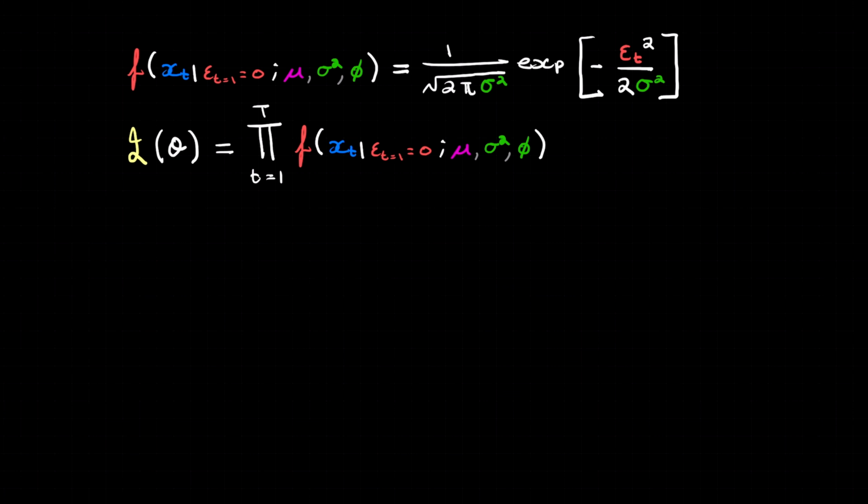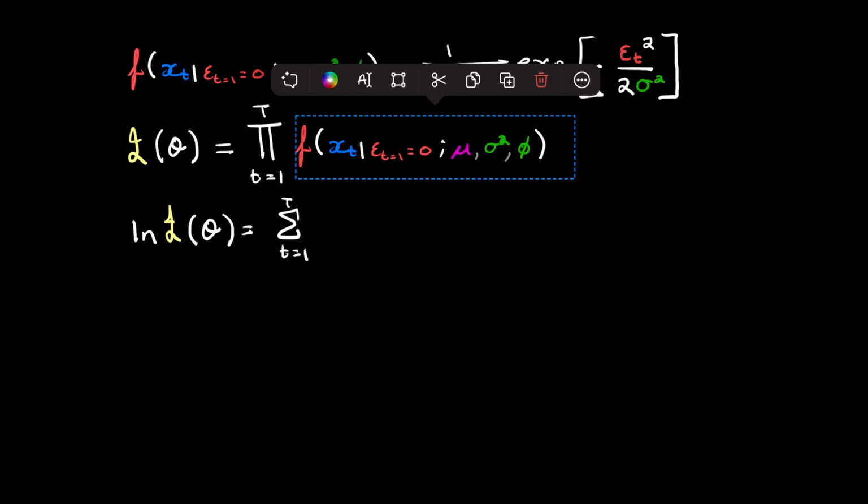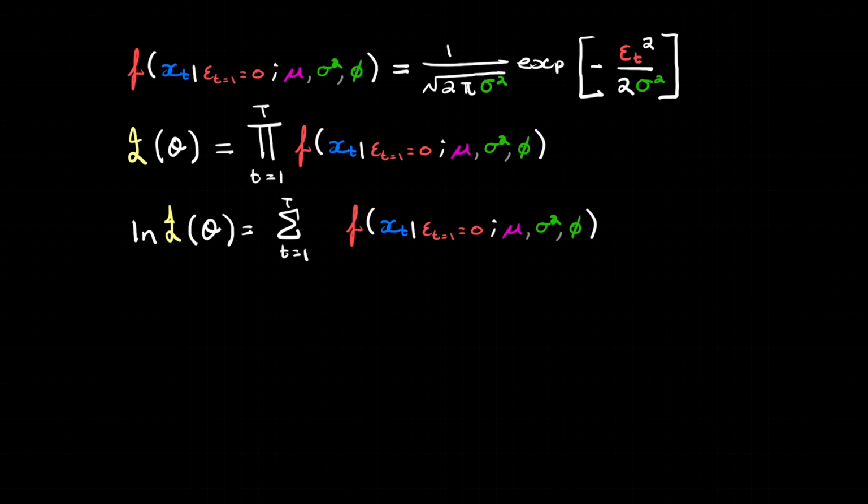So the way we can go from this multiplication version to summing all these data points is simply by using the logarithm of that likelihood function. So that would change this pi to being a sigma, and that would be, of course, sigma times the logarithm of this function here that we had written above.